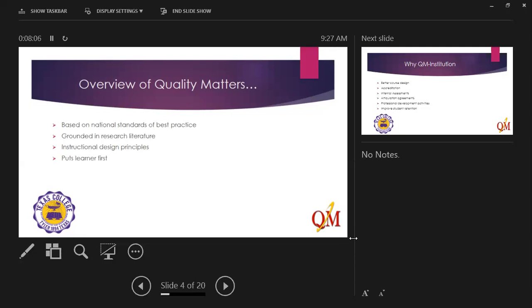So it's not about me completing my syllabus, but about designing my course in such a way that when a student enrolls in the course, they are set up to successfully complete the student learning outcomes. And so Quality Matters puts learners first, with a lot of emphasis on learners or students.